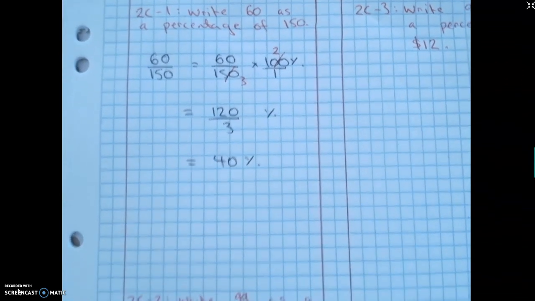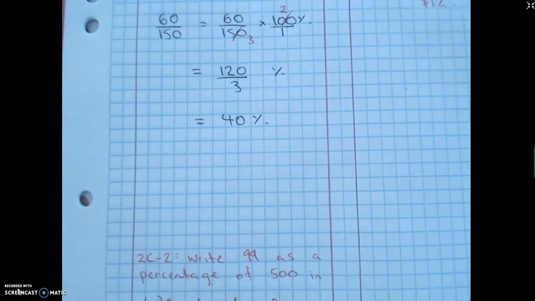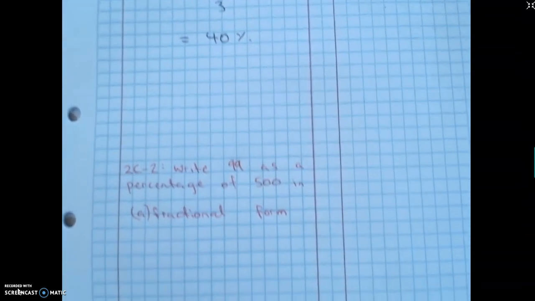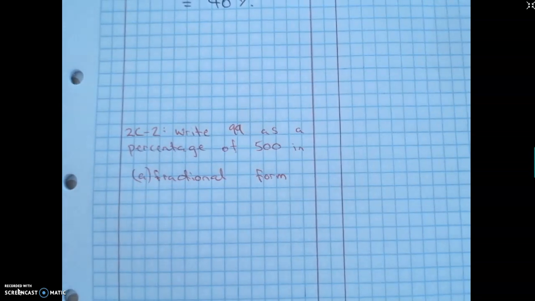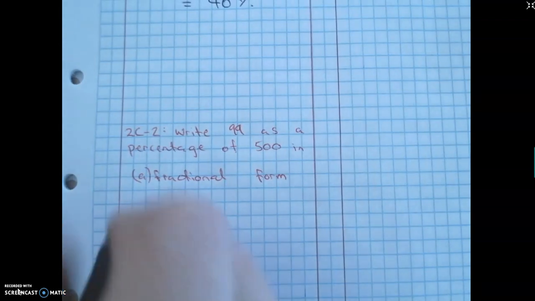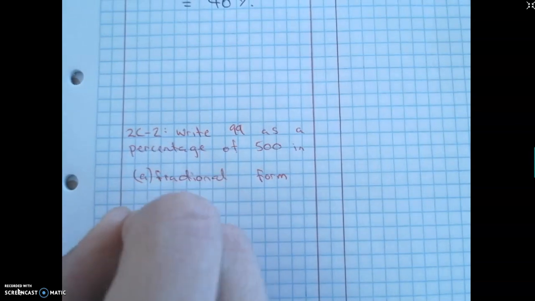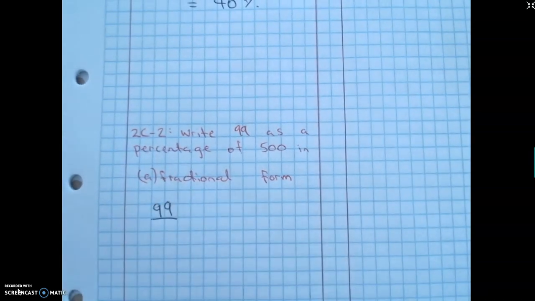Alright, our next example, we have to write 99 as a percentage of 500 in fractional form, and then they would like us to write it as a decimal. So again, if I was to write this in fractional form, it's going to be 99 over 500.